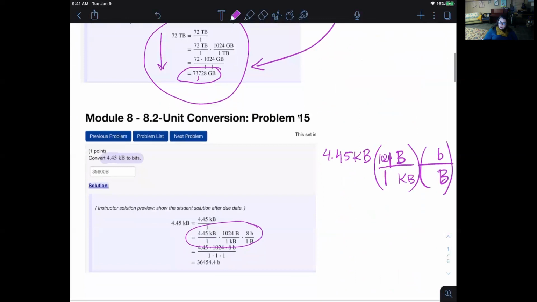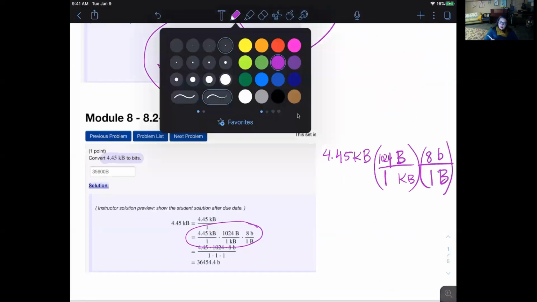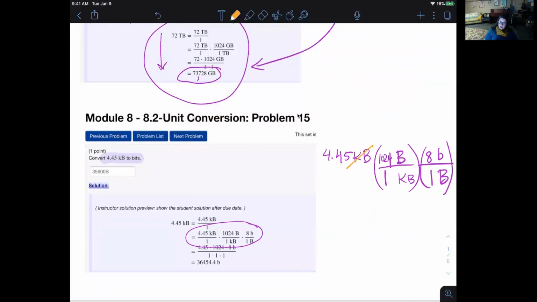You can see that all of these will cancel. This unit cancels here, this unit cancels here, and what we're left with is the bits. So we're just multiplying that out, and there's where you see this 4.45. I didn't mean to turn that into an arrow.